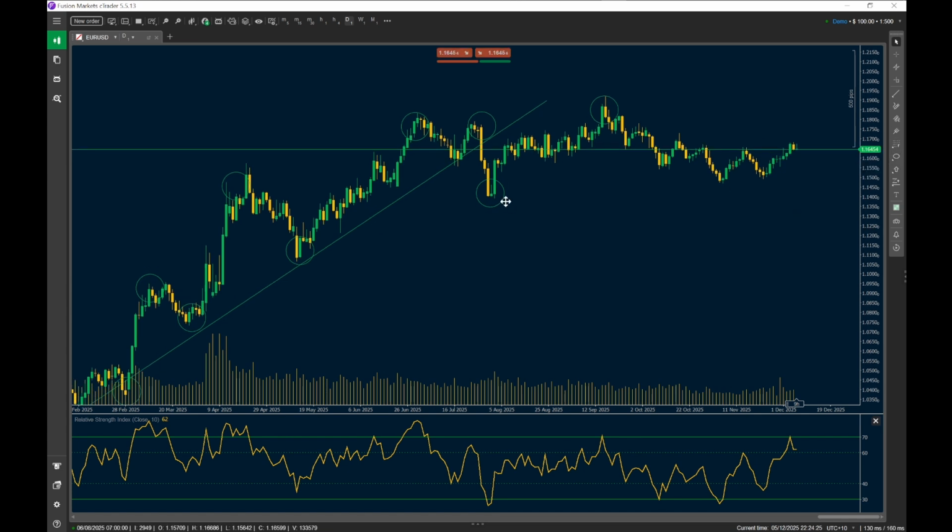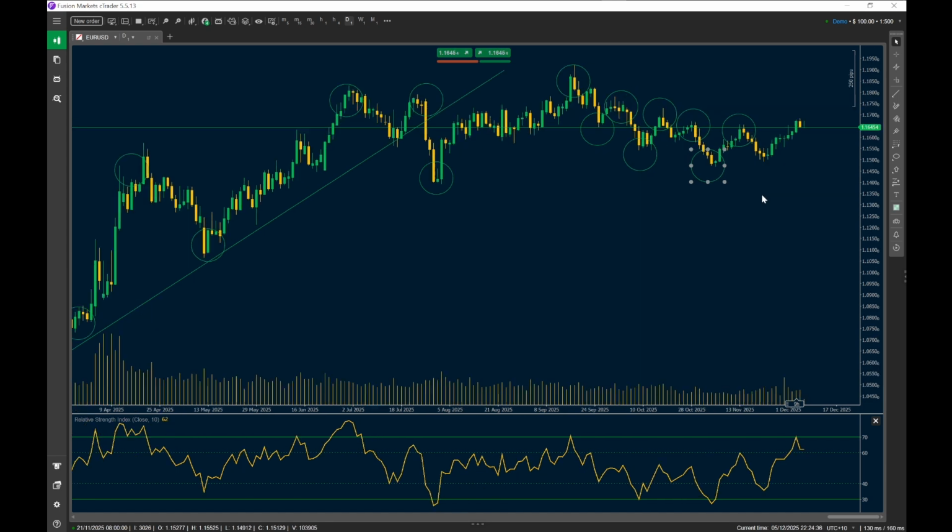It started making a low, lower high, lower high, lower high, which is a downtrend structure, meaning price is dropping, or everyone is selling the asset.